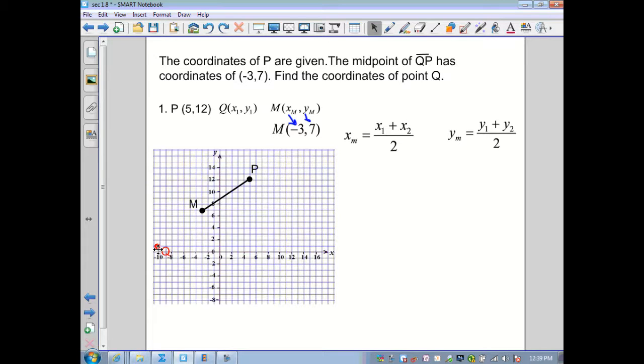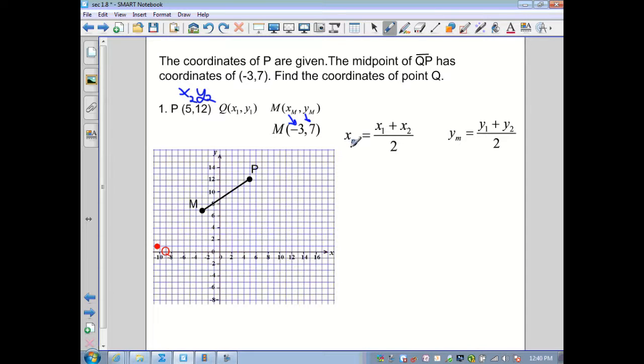To do that, we're just going to use our midpoint formulas and substitute in our known values. All I have to do is let point P be x sub 2 and y sub 2. I let point Q be x sub 1, y sub 1, and then we substitute into our midpoint formula accordingly.